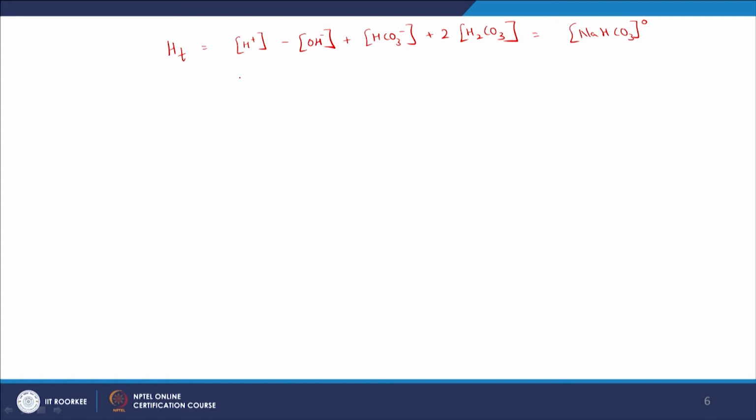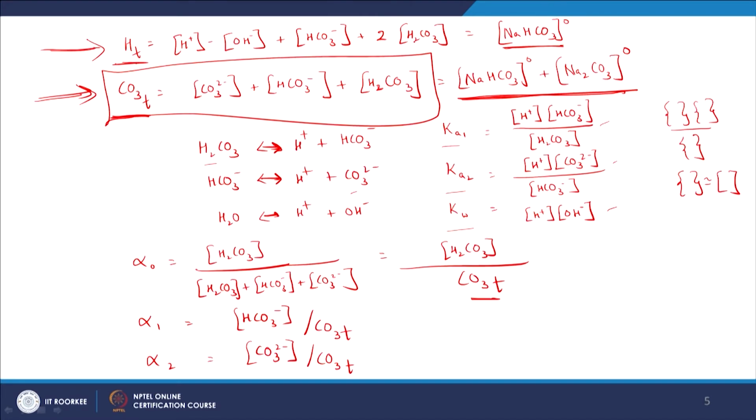We know that this is going to be equal to the NaHCO3 that we had initially. Now, simplifying it so that we have it only in terms of H plus, OH minus is Kw by H plus, and we have HCO3 minus here.